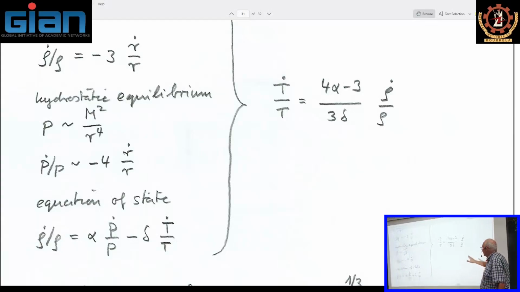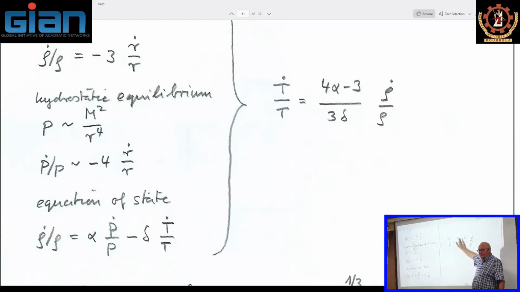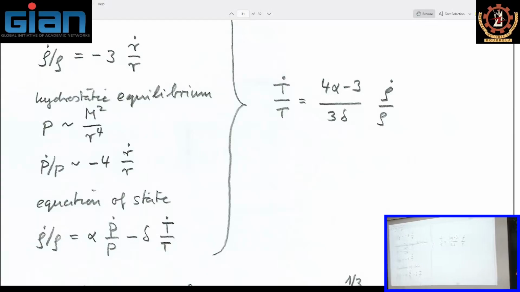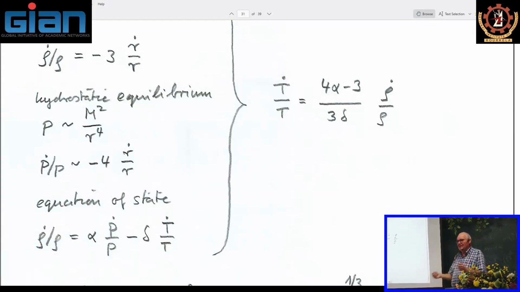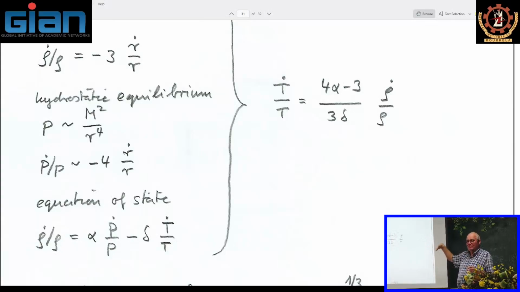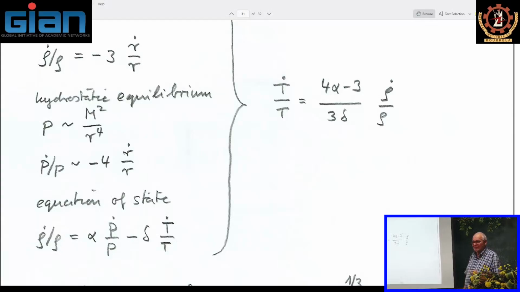So keep in mind, for alpha bigger than 3/4, we have an increase of temperature with density, and for alpha smaller than 3/4, we have a decrease. That means we necessarily get, by this transition from an ideal gas to a degenerate gas, we automatically get a maximum in temperature. Temperature at some stage, once we reach degeneracy, will decrease with density. Okay?